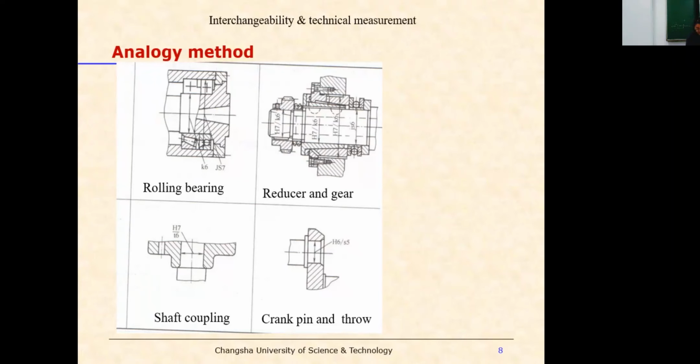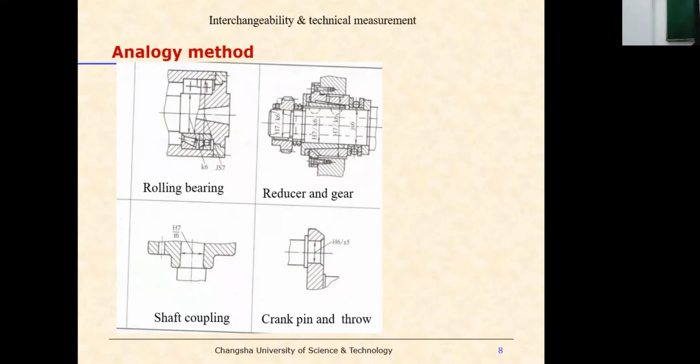You can find it on page 28. For the shaft, the K is from the basic line, so it's a transition.